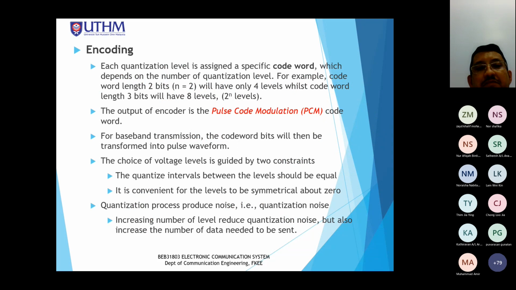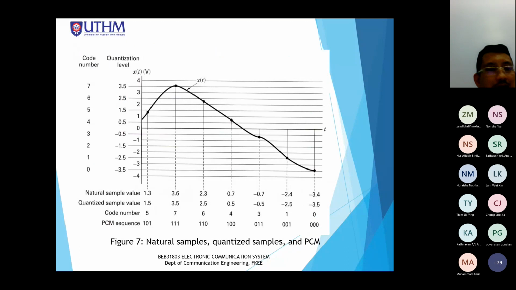This is the explanation of encoding. From this example, we can see the encoding process in these third and fourth lines. For these quantizations, the minimum value is negative 3.5 and the maximum is 3.5. The step size would be 1 volt. This happened during the quantizations.